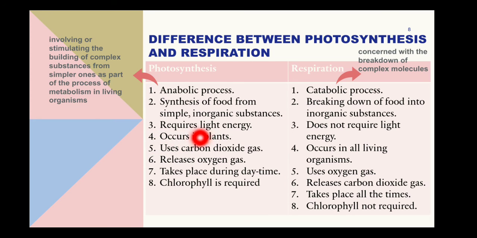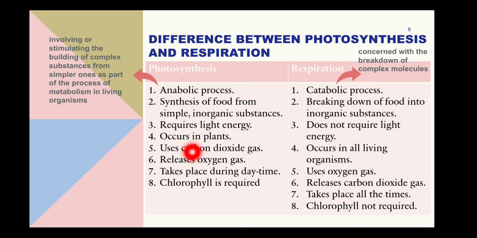Number 3, requires light energy. As the name suggests, photo means light and synthesis means making. So in the presence of light, food is being created, complex molecules are being created. Whereas in respiration, we don't require light energy.